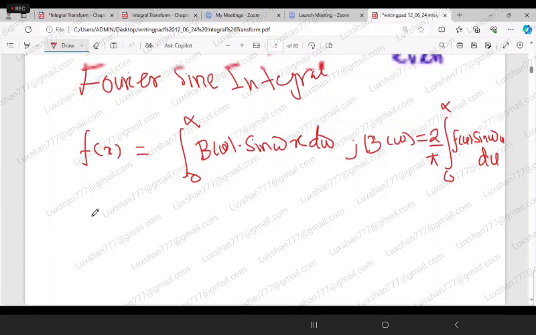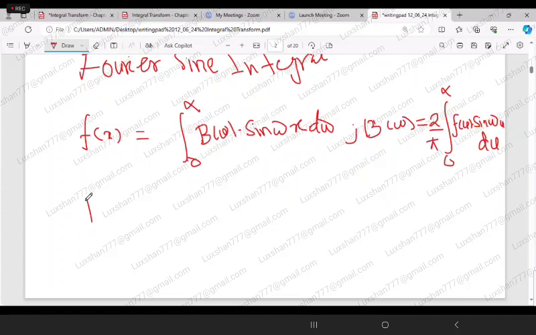Similarly, we can find the Fourier cosine integral.